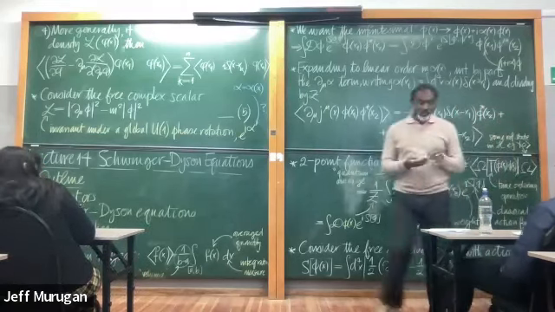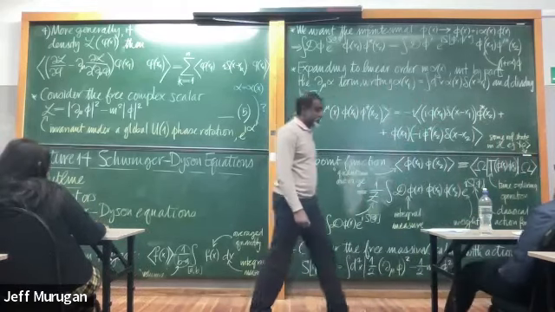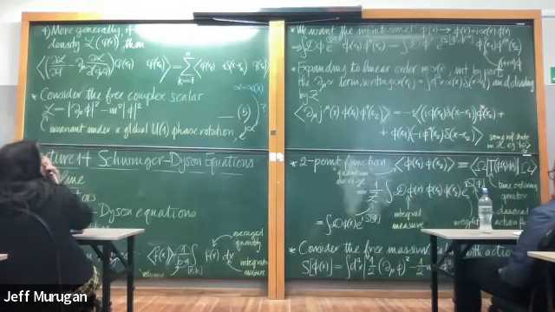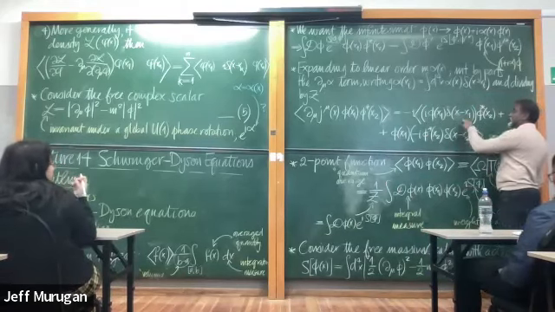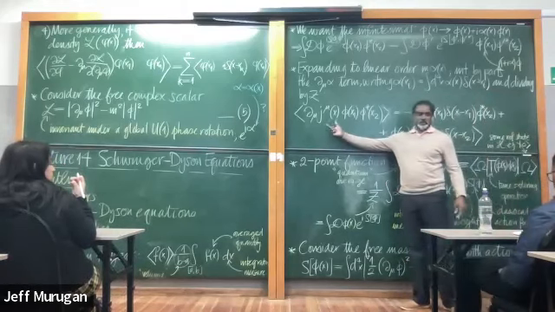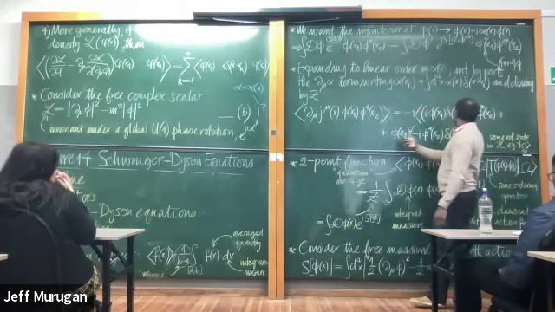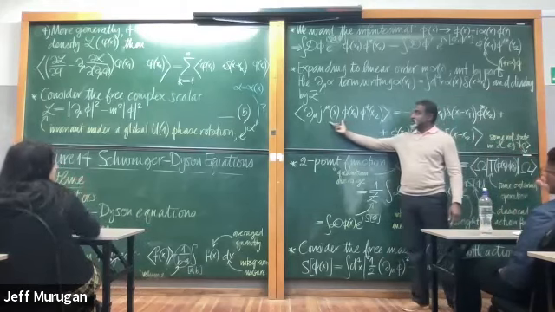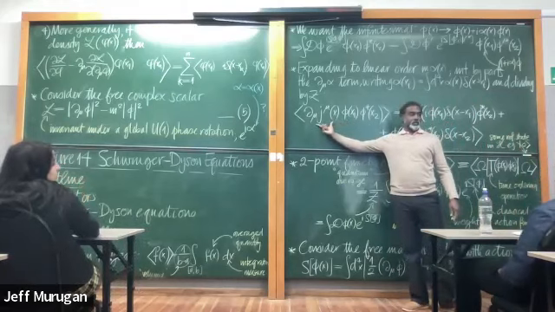Okay. This is the Schwinger-Dyson equation associated to the current conservation. Okay, and you can see that as long as x1 and x2 are not equal to x, and x1 and x2 are not equal to each other, then this implies that d mu j mu equals 0.